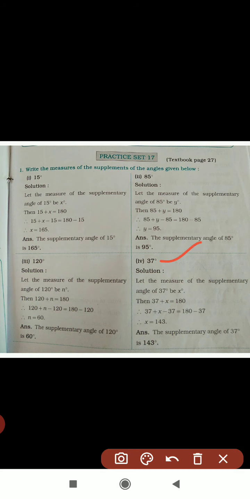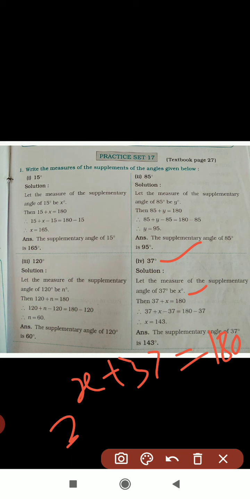Next it is 37. Let the measure of the supplementary angle of 37 be x degrees. One is x and the other is 37. The sum of supplementary angles is 180. Subtracting 37 from both sides, 37 gets cancelled, and x is equal to 180 minus 37.